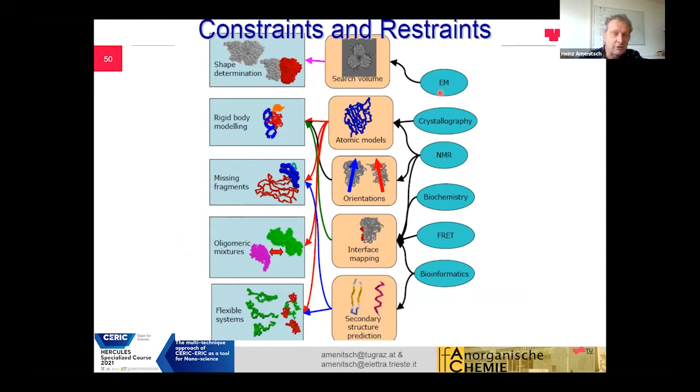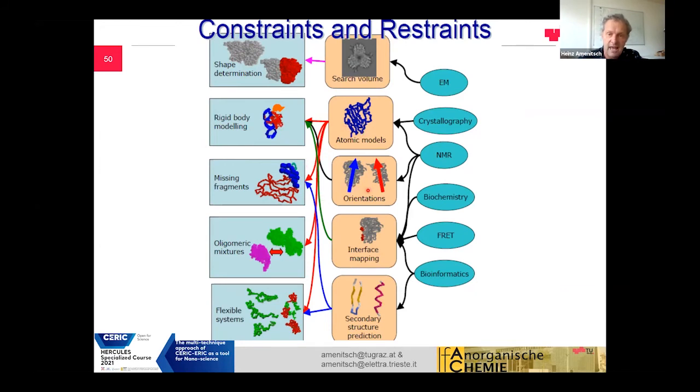You can use, for instance, electron microscopy to limit the search volume. This is important if you make ab initio shape reconstructions. You take the data from crystallography and NMR, where you have high resolution atomic models. You add these atomic models as fixed parts in the solution, and then you modify just different rigid bodies, and you get extremely high quality three-dimensional models if you fix atomic models.